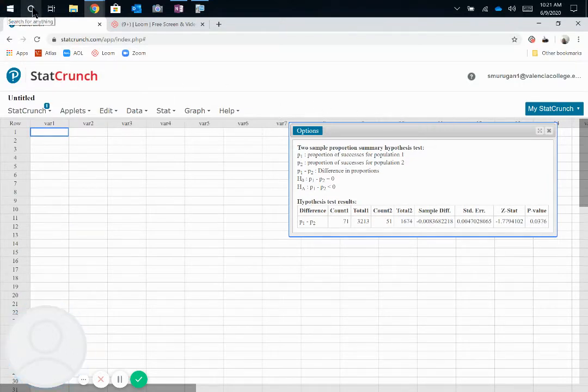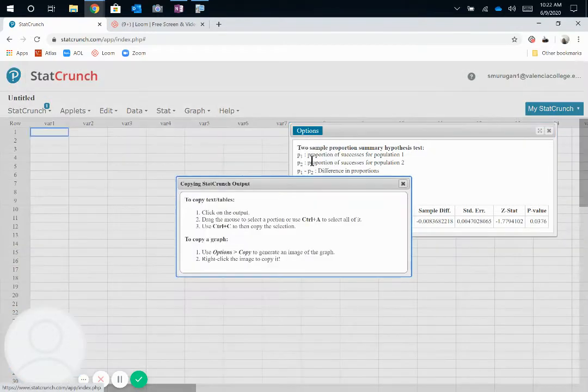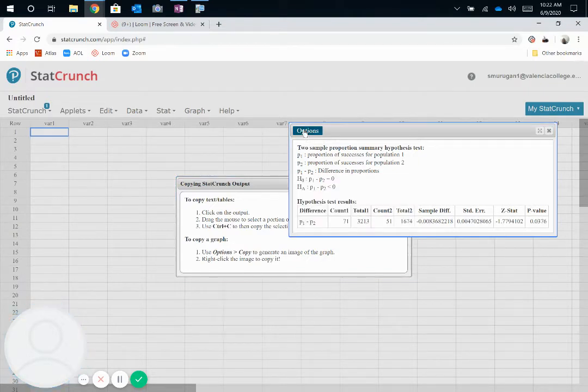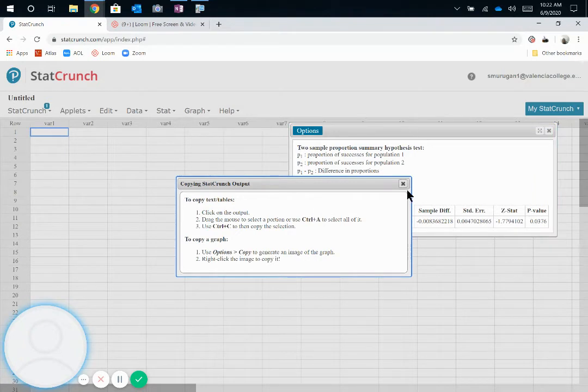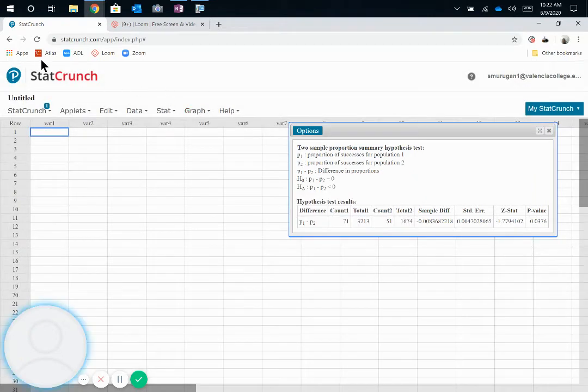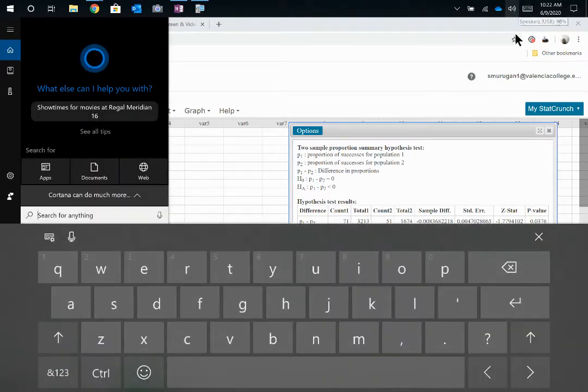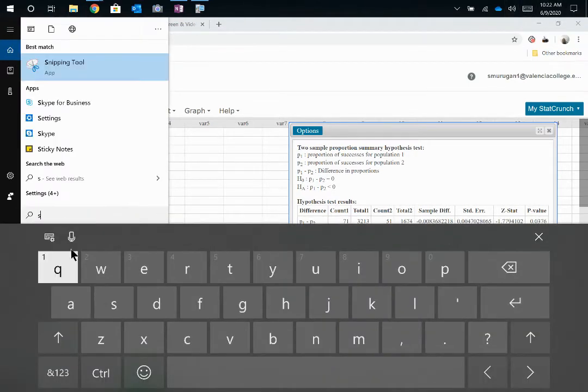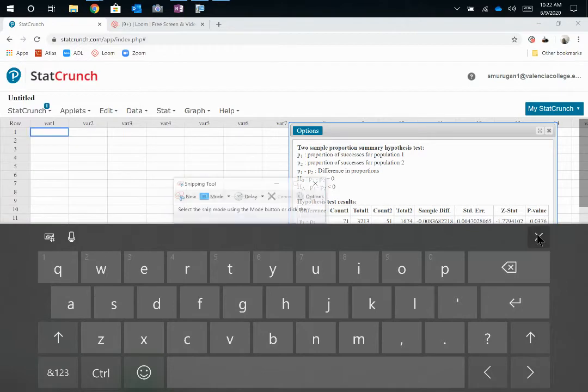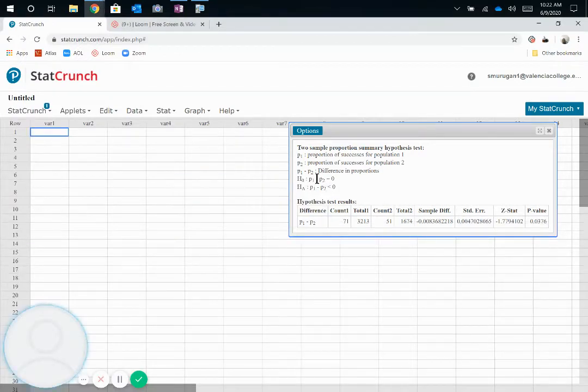So I'm going to go ahead and copy this. I'm sorry, I have to do something else here to get the copy. Let's use the old snipping tool. Okay, here we go.